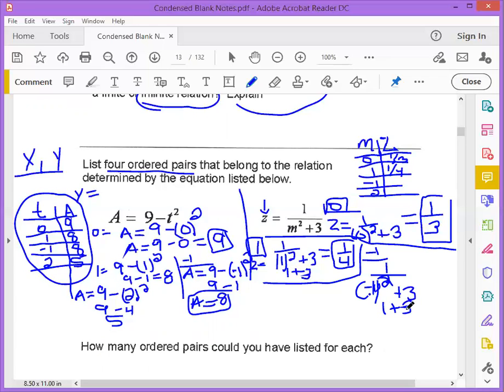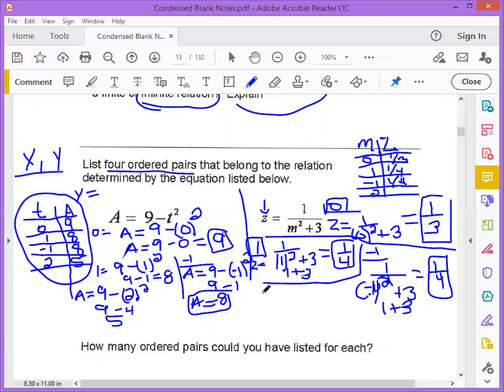So in our denominator, we have 1 plus 3, that'll give us 4. And in the numerator, we have 1. So 1/4 is the value of z when m is equal to -1.